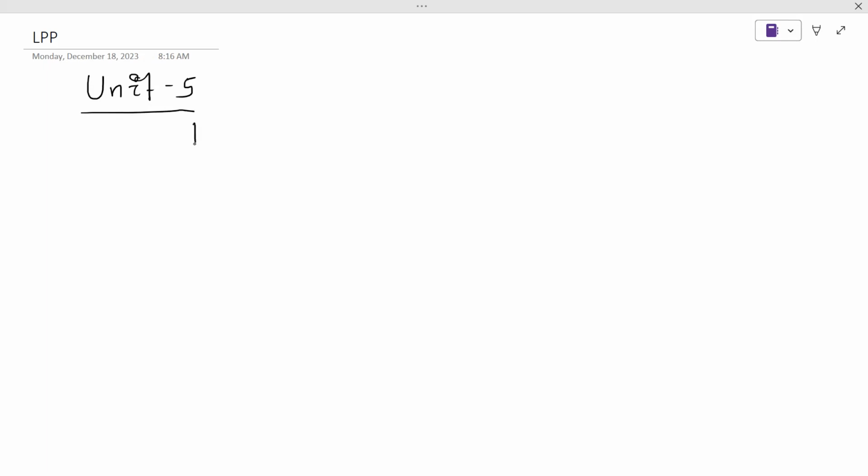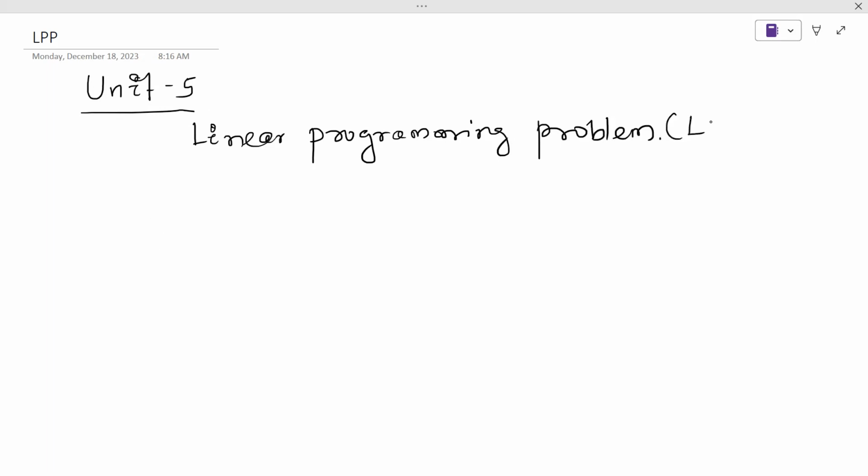Linear programming problem, or in short form, we say LPP. We'll discuss the concept of the linear programming problem and how the question will come in the examination.